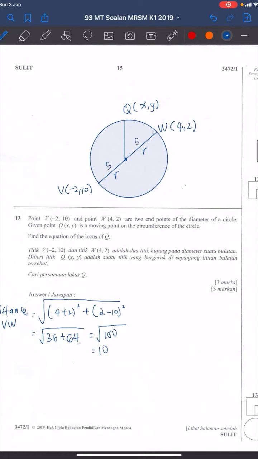Okay, next kita cari midpoint pula. Midpoint of VW, so 4 minus 2 over 2.